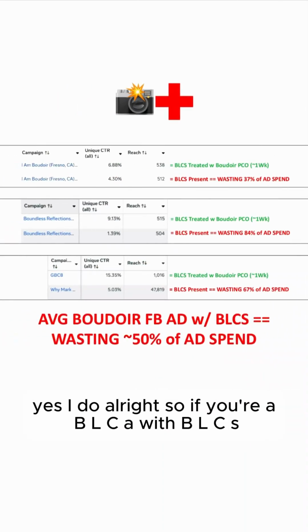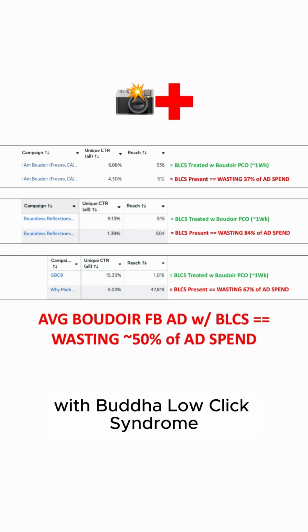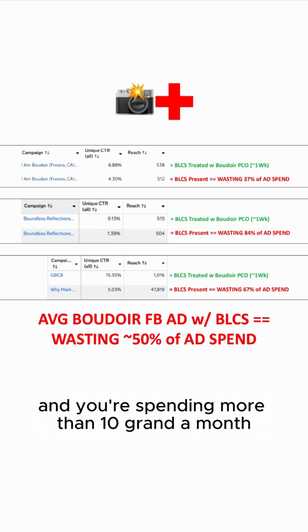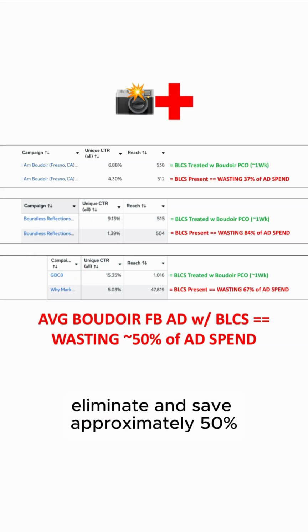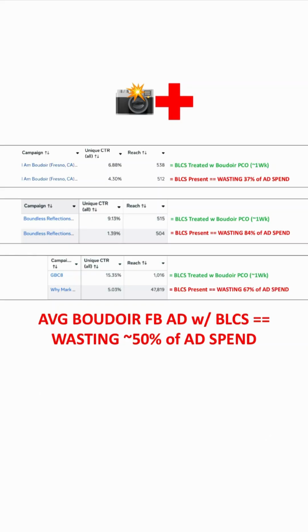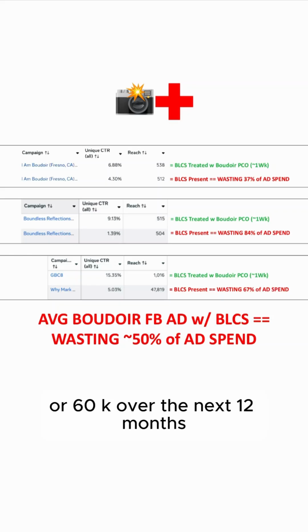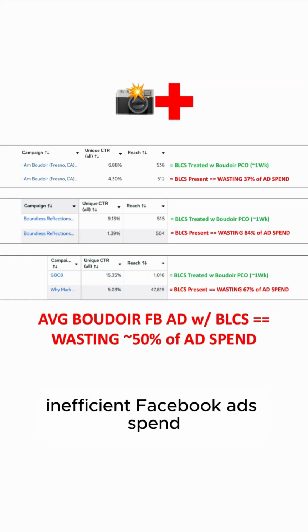So, all right, if you're a BLCA with BLCS, if you're a Boudoir low-click advertiser with Boudoir low-click syndrome, and you're spending more than 10 grand a month in Boudoir Facebook ads, and you want to eliminate and save approximately 50% of that ad spend back in your pocket, so approximately 5K a month or 60K over the next 12 months, and you want to pull that profit out of the inefficient Facebook ad spend because you've already pulled it out for some other parts of the business.